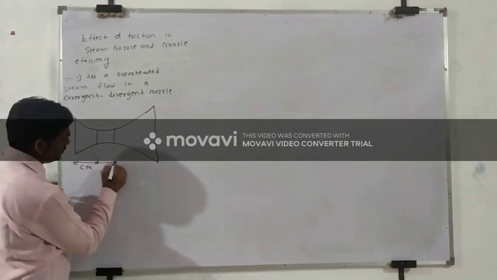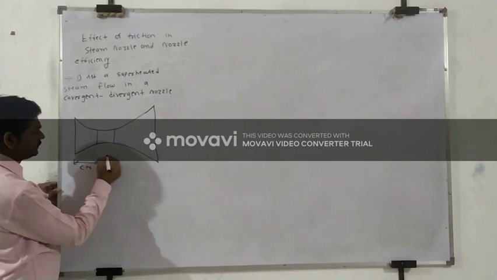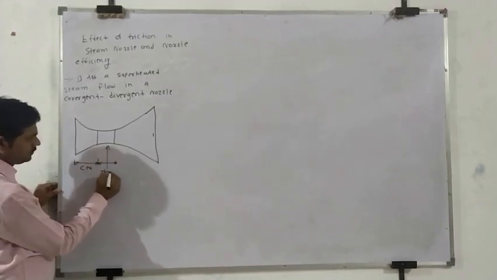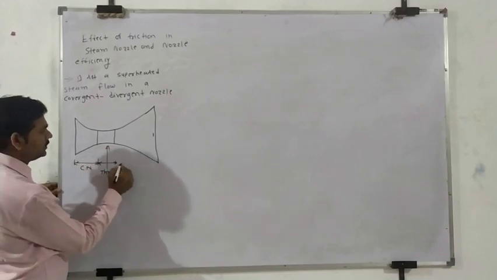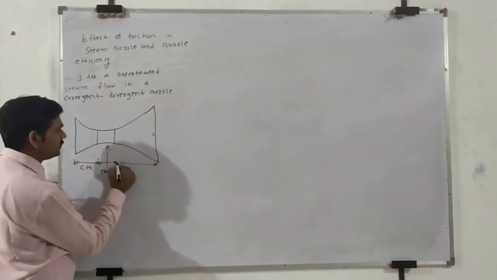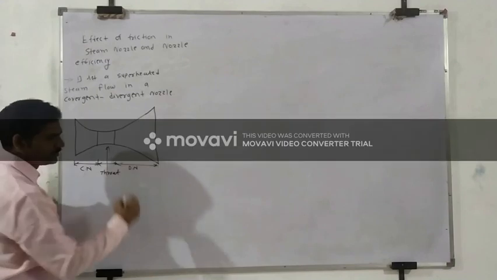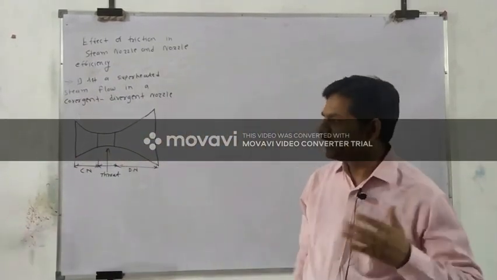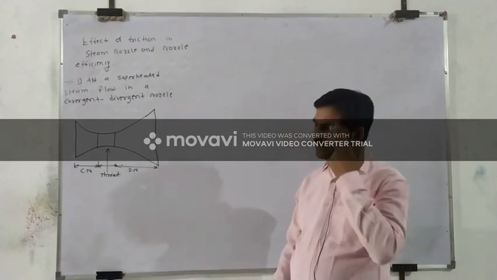This is the throat section, and this portion is the divergent nozzle, right? A simple diagram of a convergent divergent nozzle. Okay.